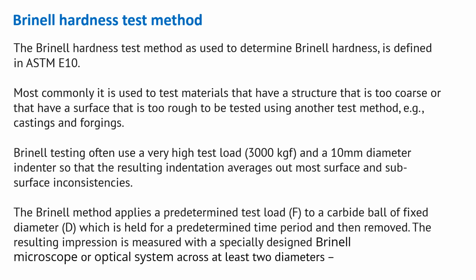The second hardness method is the Brinell hardness test method. The Brinell method is commonly used to test materials that have a structure that is too coarse or that have a surface that's too rough to be tested using any other method. For example, castings and forgings.